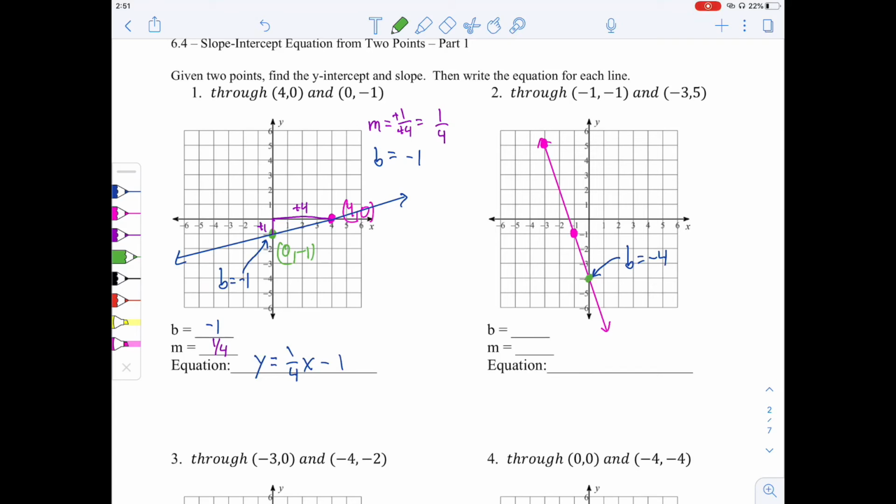From right there to right there, we went down 3, right 1. So our slope will be -3 over +1, which is -3. And our b from the graph is -4. So our equation is y equals -3x minus 4.